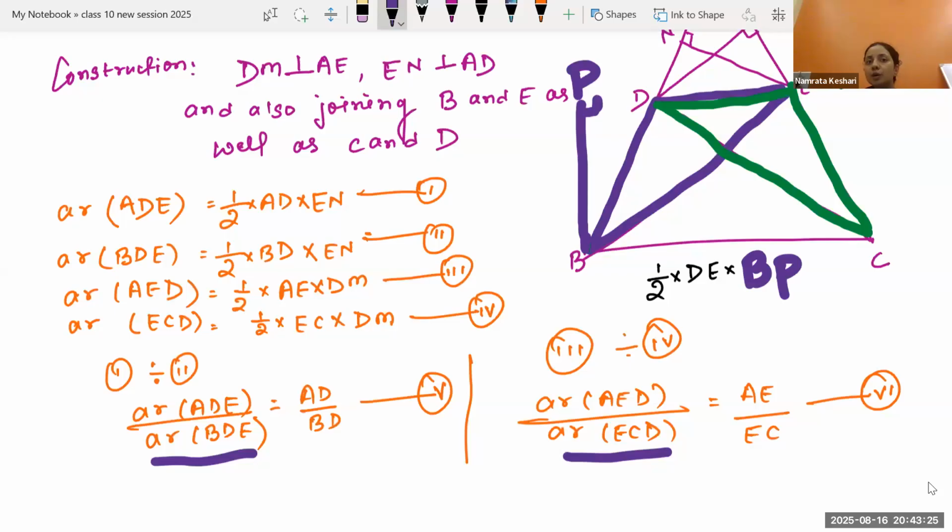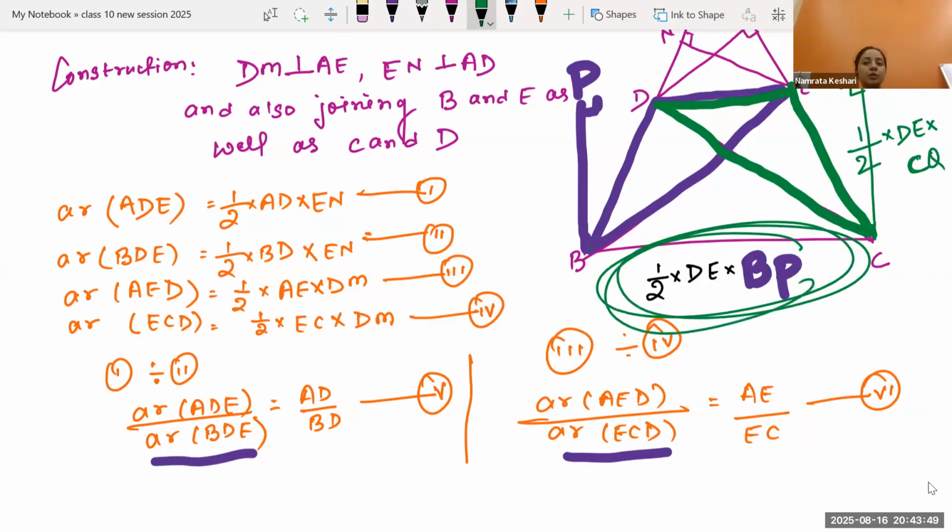This will be the area for the purple triangle. Now let me write the area for the green triangle: 1 by 2 into the same base DE into height. I need to drop the height on this base from C like this, and I'm calling it Q, so CQ.